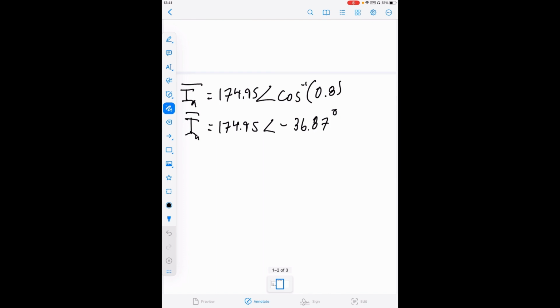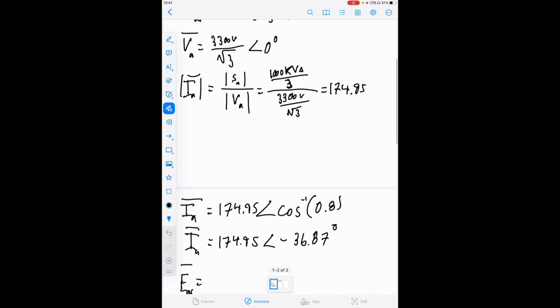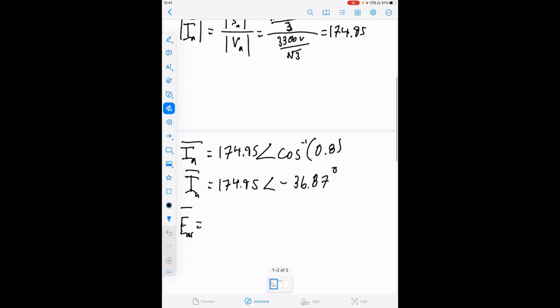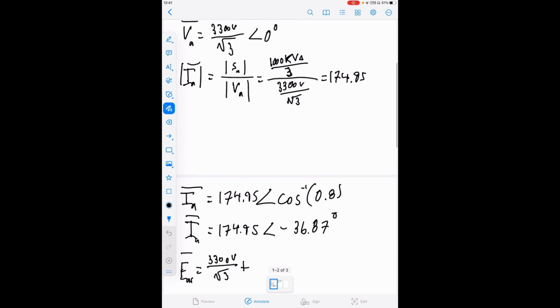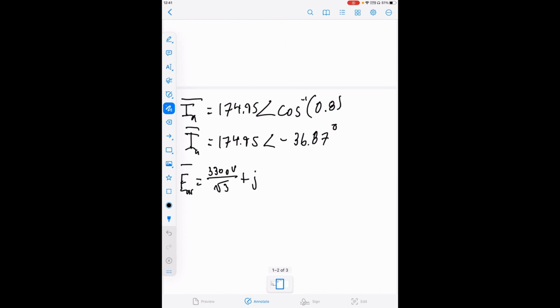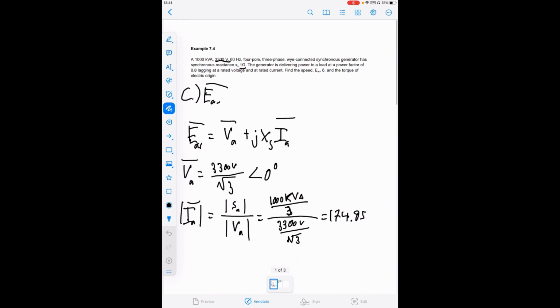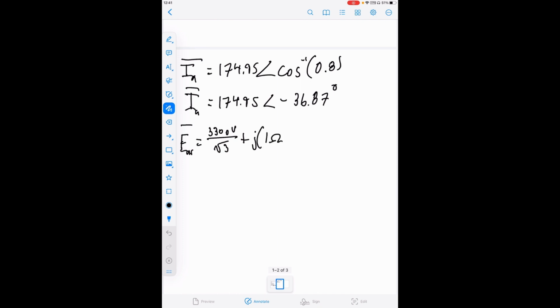So EA can now be found using what we just identified. So VA, 3300 volts over square root of 3, plus jXs, which was 1 ohm, times IA, which was 174.95, angle negative 36.87 degrees amps.